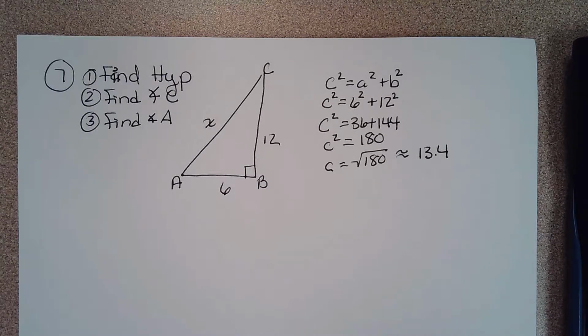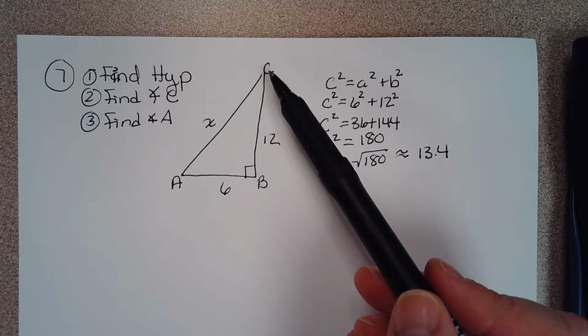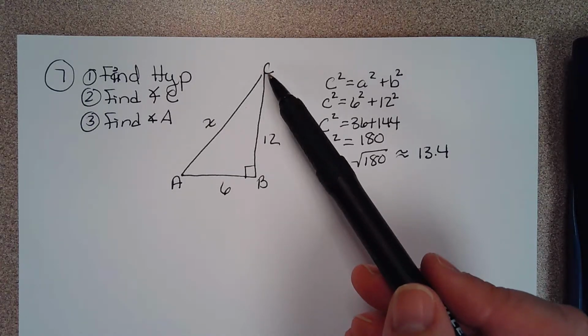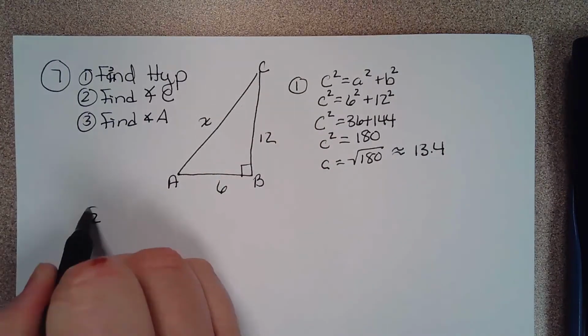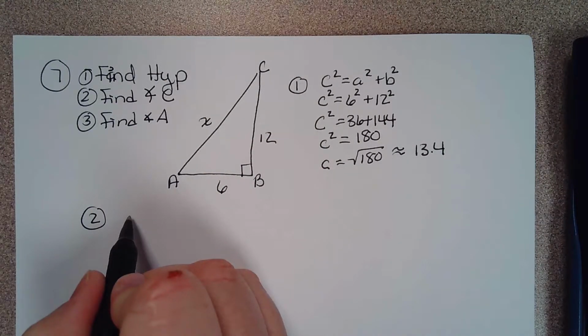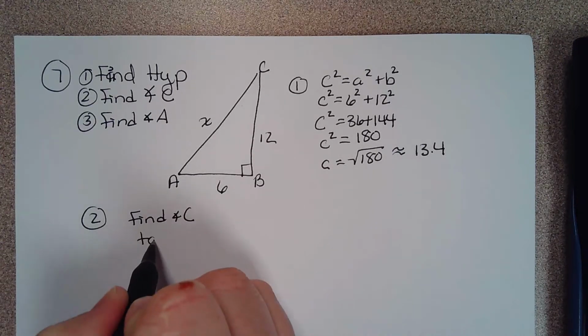Now, for number 2, I'm asking to find angle C. Now, angle C is up here, all right? We are going to have to use tan to get this. So we know it's the inverse of tan. So let me label that as number 1. So number 2, we need to find angle C, which is going to utilize tan -1.